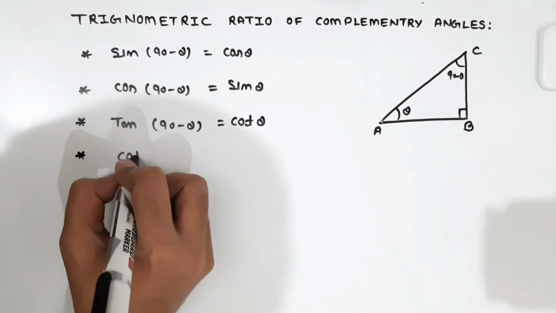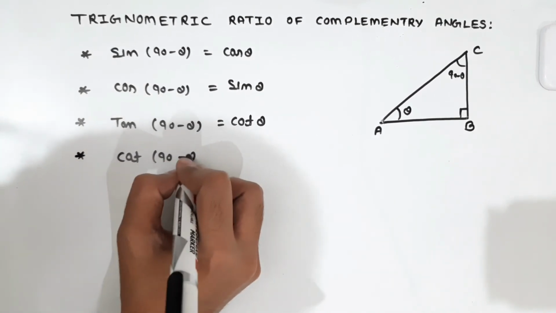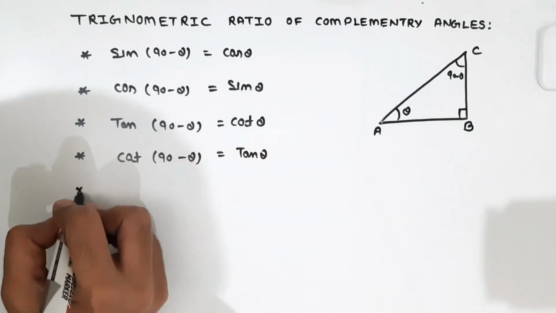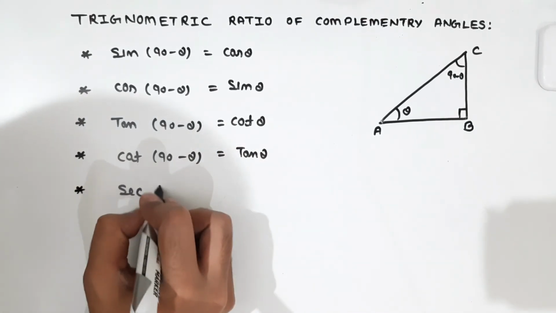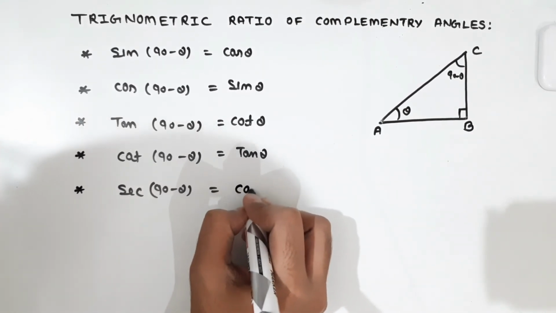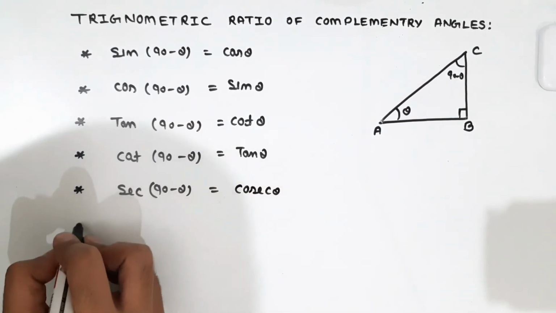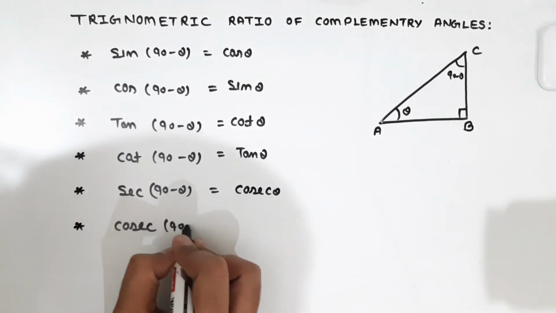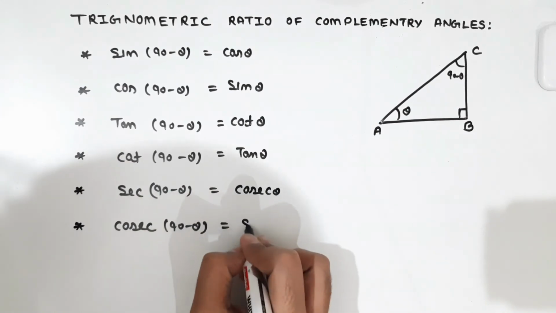Cot 90 minus theta will be equals to tan theta. Sec 90 minus theta will be equals to cosec theta. And cosec 90 minus theta will be equals to sec theta.